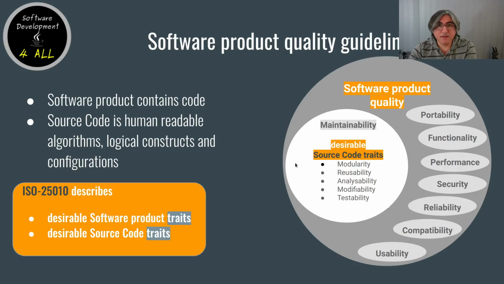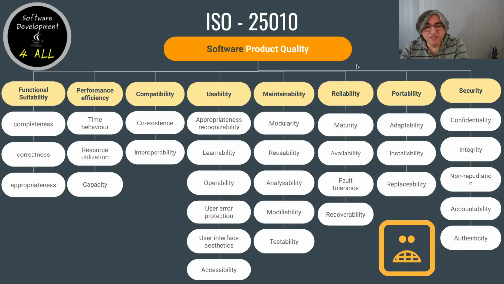So let's look at the ISO 25010 standard and what it entails. It describes all kinds of software product quality traits and subsets of these, ranging from functional stability, performance efficiency, compatibility, usability, maintainability, reliability, portability, and security.